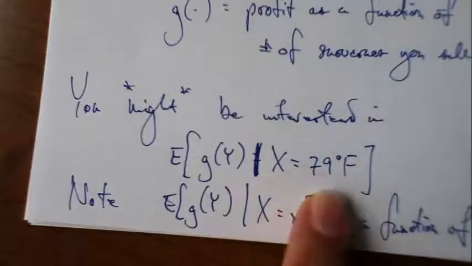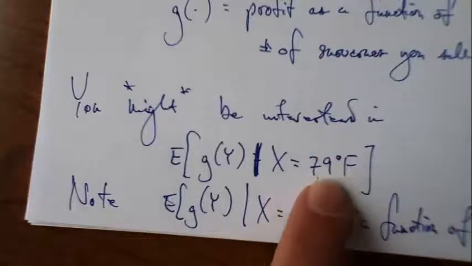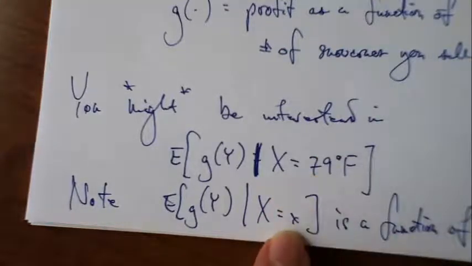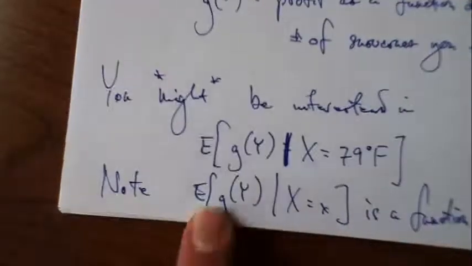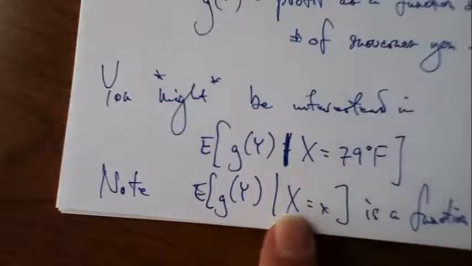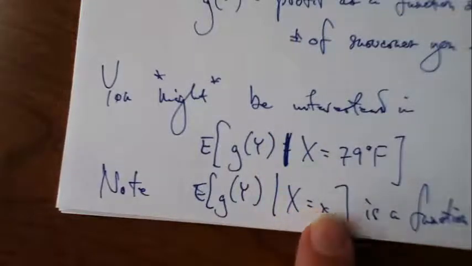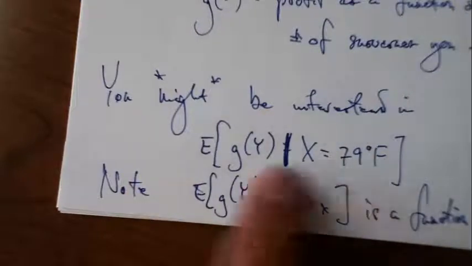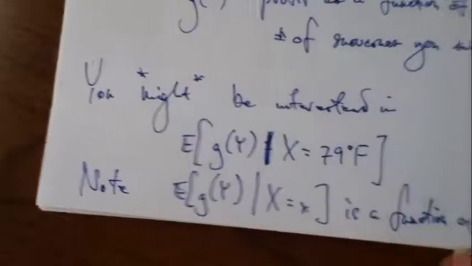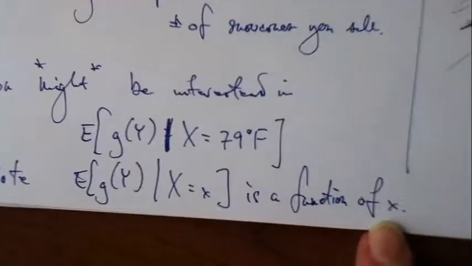Or more generally, just replace that temperature with a little x. This is what you call a conditional expectation, because you're conditioning on x taking on the value of little x. This conditional expectation is a function of little x.